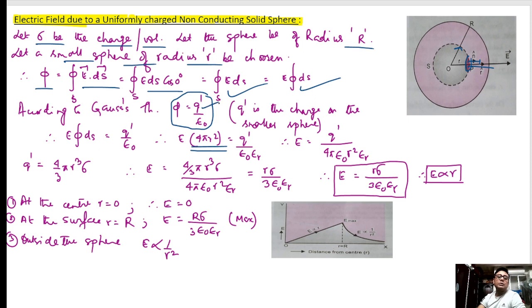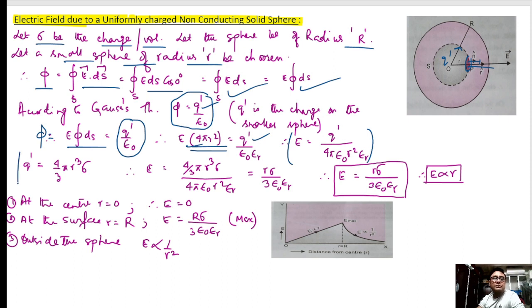Suppose the charge within this is q dash. So the flux will be q dash by epsilon o, and it is E line integral of ds. Now ds is the surface area of the inner sphere, 4 pi r square, q dash by this. So this is the electric field.